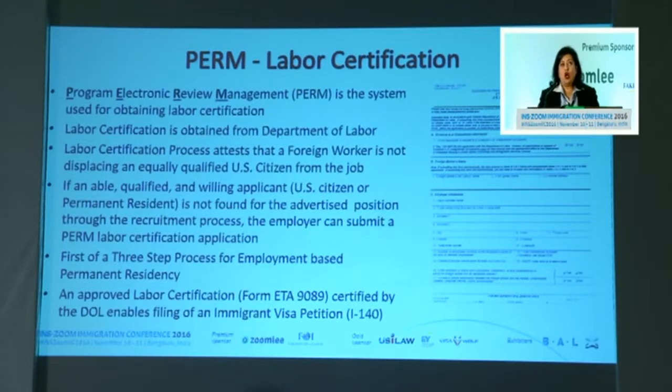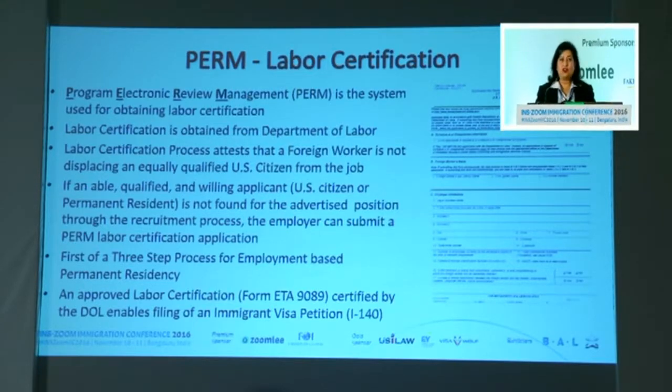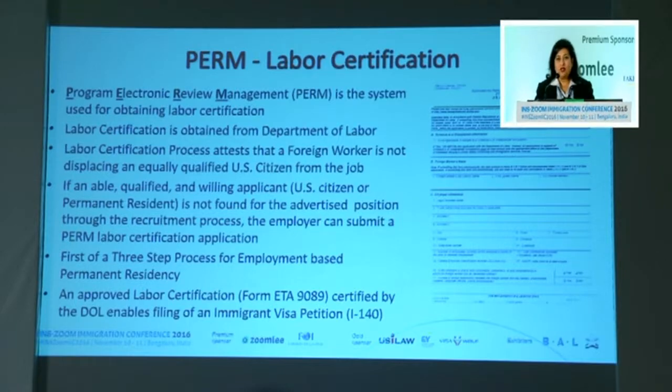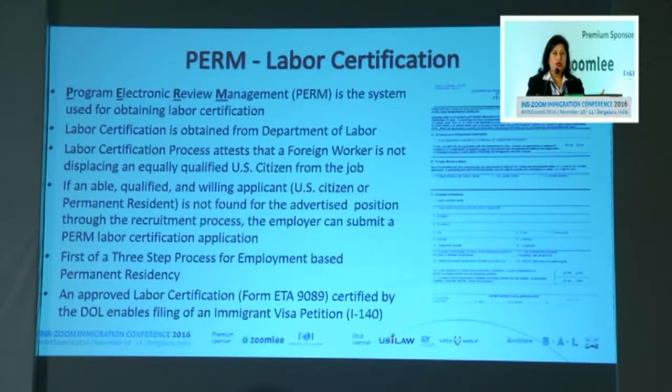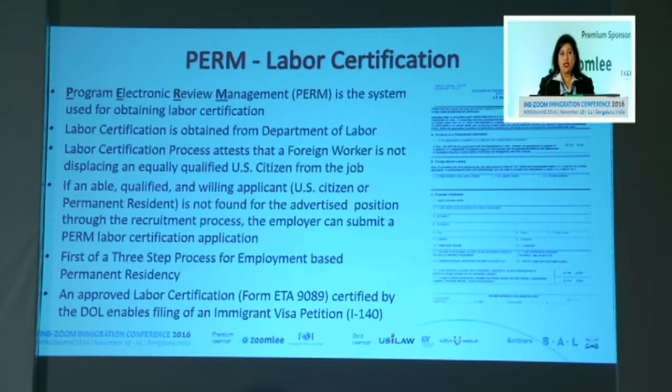I would say a lot of what the RIR was has still been kept within the framework of Perm, but of course, RIR was a paper-backed application process, where you filled in the 750 Part A and Part B form and submitted it by mail, FedEx, or courier service to the US Department of Labor. Perm, on the other hand, is an online application, as you know.